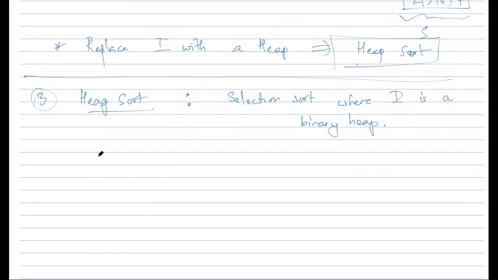So what are the steps here? So you start with an empty list S and unsorted list I of n items.